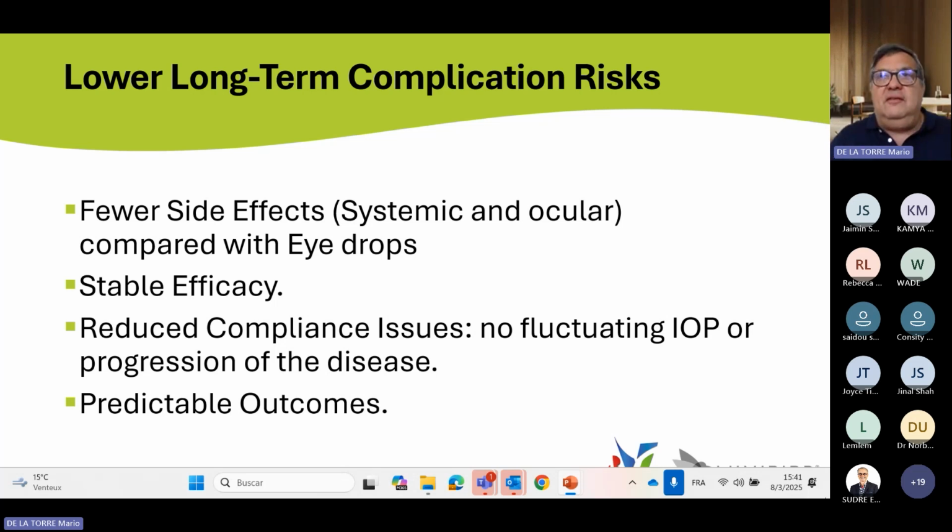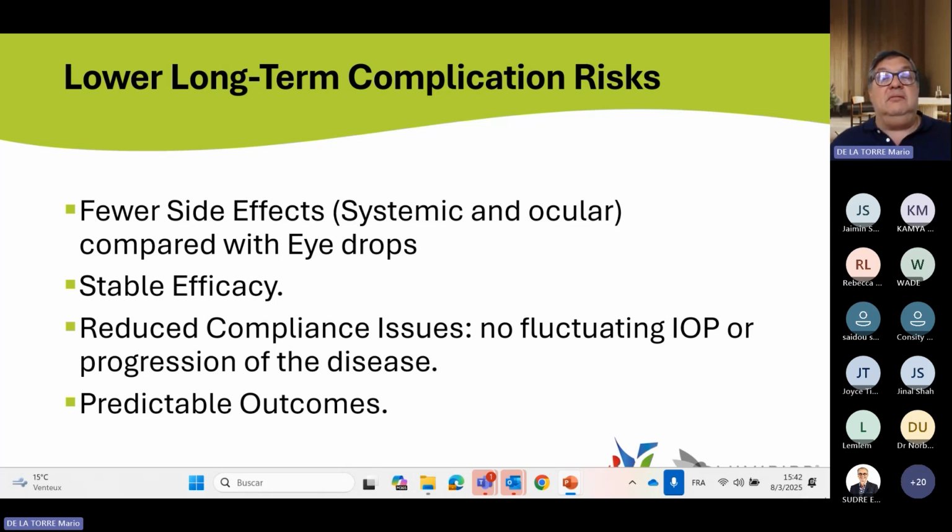There are a lot of drops that have side effects. SLT has none. It is also important because in pregnant patients, you can stop the treatment with drops and shift to the laser treatment, because every single glaucoma drop has consequences. They are type C. That means they have effects on the fetus.